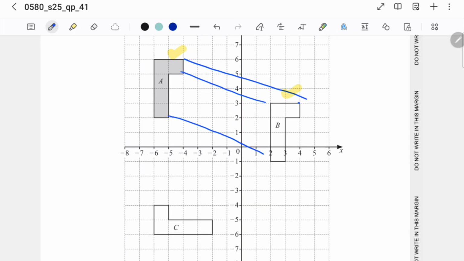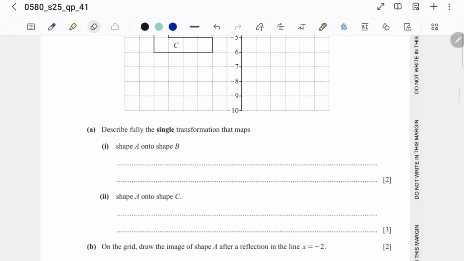Whenever the image is in the same direction and the corresponding points joined together give parallel lines, then it's a translation.